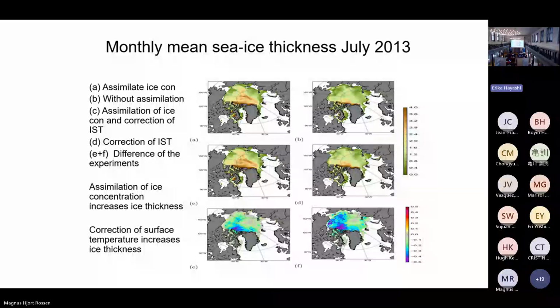So the 2 to the left both have more ice than the ones without the ice concentration assimilation, but they still see an increased thickness, especially near the Canadian coast and archipelago, and this is even more pronounced in the one to the left for me, which is the one where there's no ice concentration assimilation. So the temperatures have a bigger effect here, and that also makes sense because the ice is thinner. So the thermodynamics will add more ice if you change the temperatures.